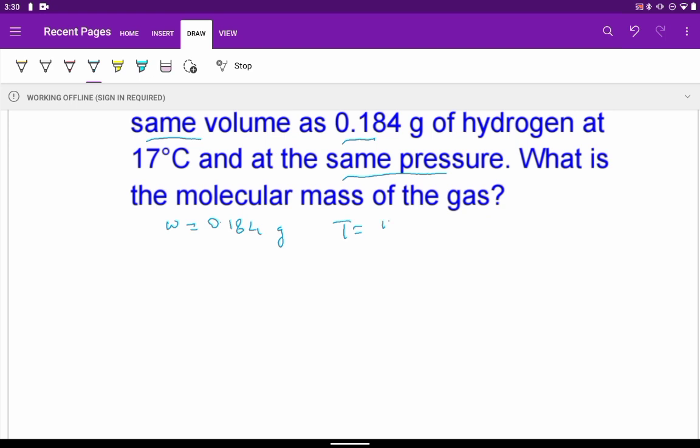So 17 plus 273 is 290 Kelvin. M will be equal to 2, because hydrogen molecule is H2.